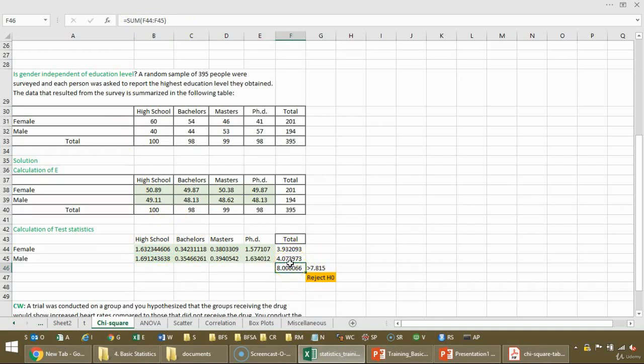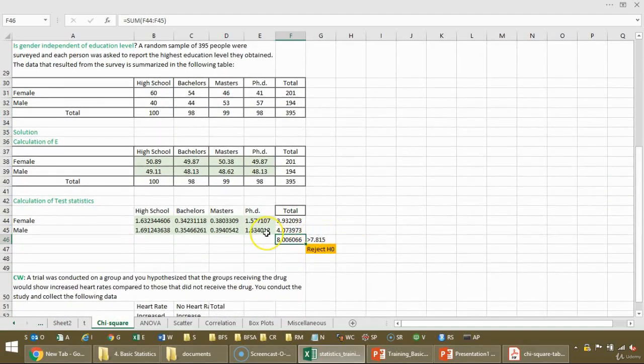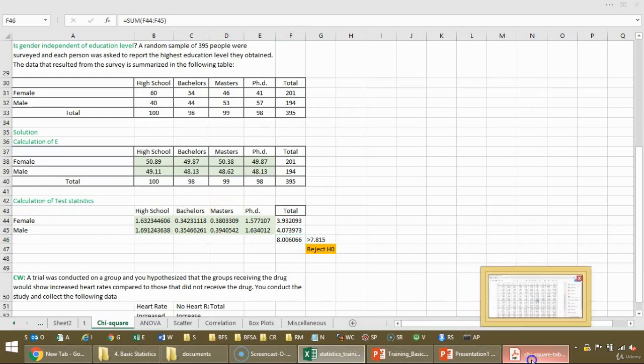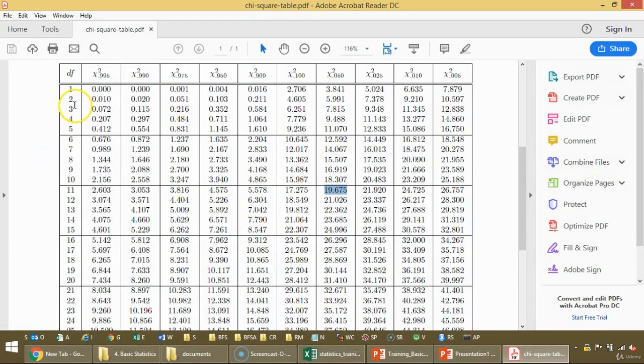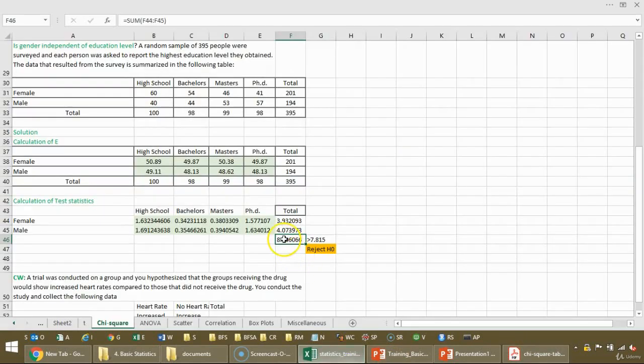For this, what is the degree of freedom? R minus 1 into C minus 1, so 1 into 4 minus 1, which is 3, so 1 into 3 is 3. So for 3 degrees of freedom at 5%, the critical value is 7.85. So our 8 is greater than 7.85.